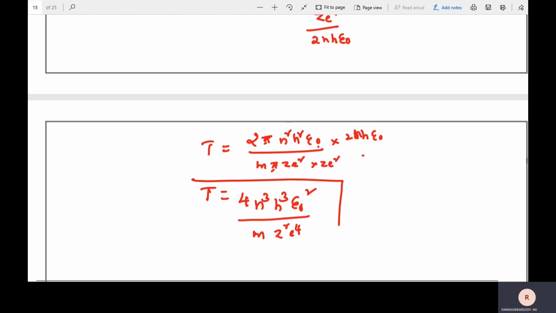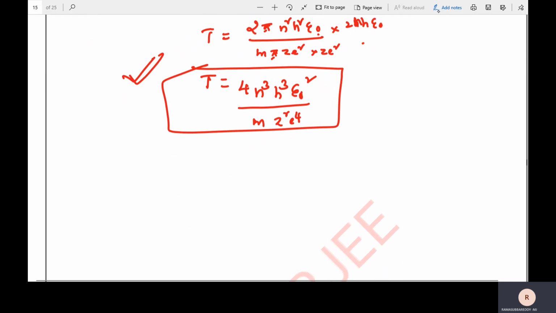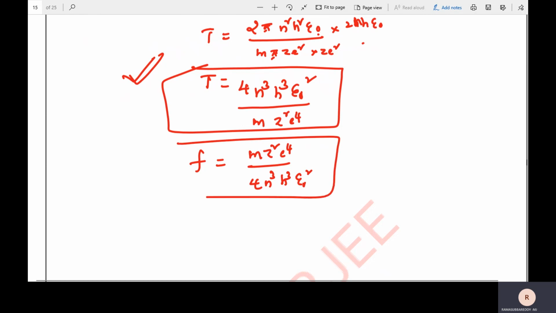That is our time period. Very important, this relation also. Then frequency is just the reciprocal of that. Frequency is equal to m Z square e to the power of 4 by 4 n cube h cube epsilon naught square. That is our frequency.